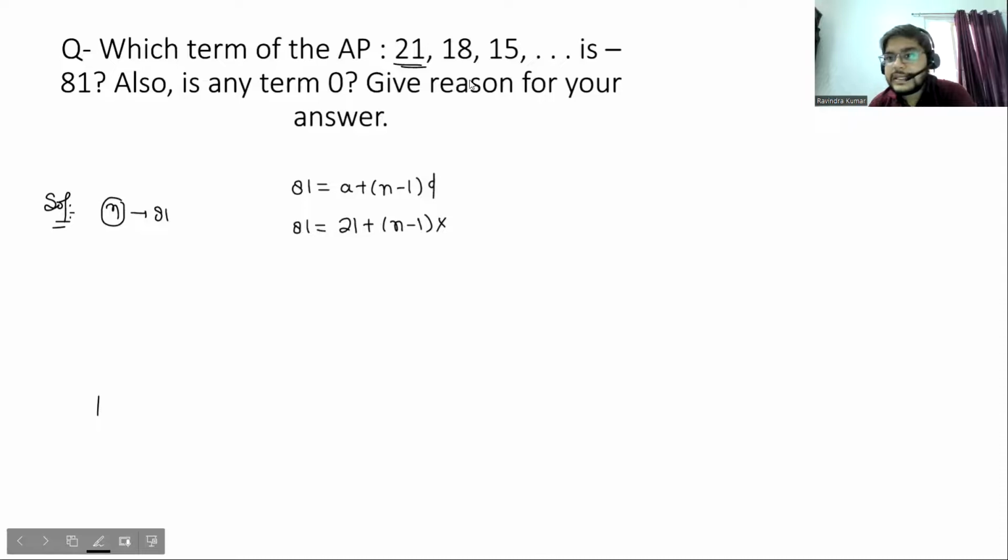What is the value of d? Can you find out d from here? So d is equal to 18 minus 21, that is minus 3. So when we transpose 21 to the other side, it will come with the negative sign.